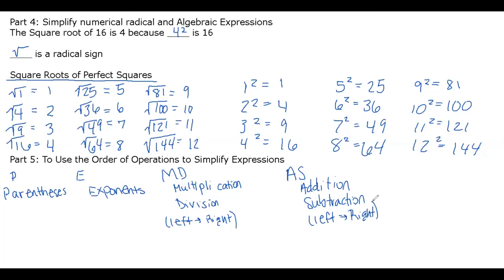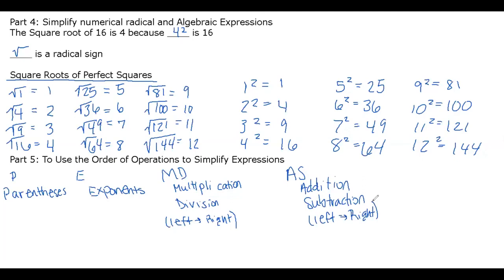So this is very important with the multiplication, division, addition, and subtraction. If division comes before multiplication, you have to do the division first. If subtraction comes before addition, you have to do the subtraction first, okay? So those two you have to do from left to right.